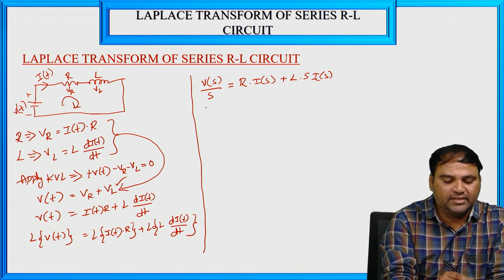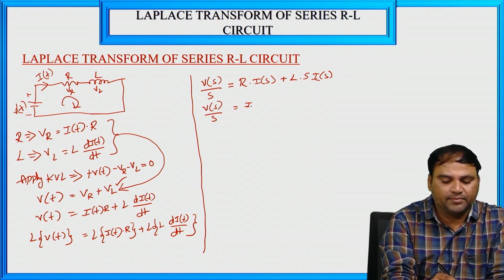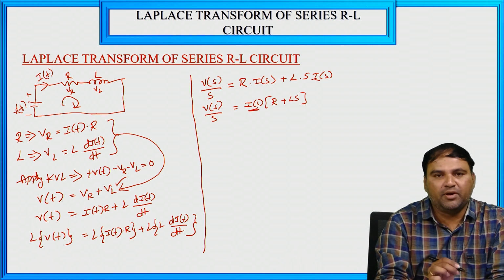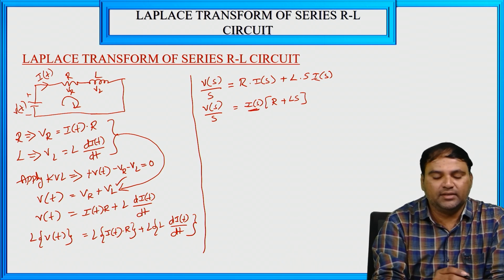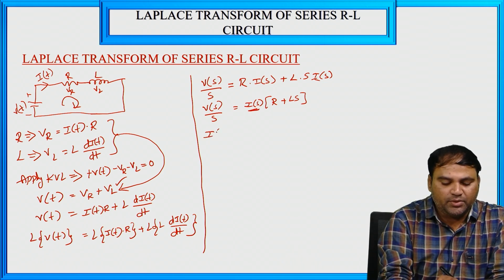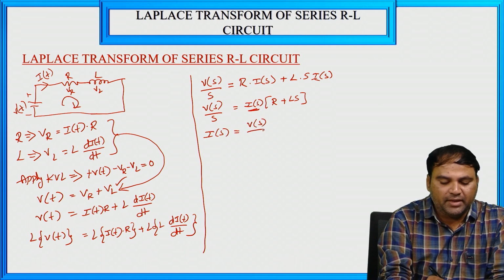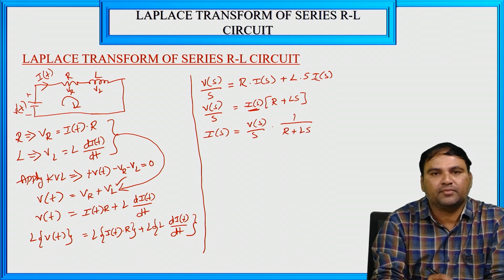Now in this equation, take I of s as a common term: I of s into R plus Ls. Now we find the current response in the S domain. I of S equal to V of S by S into 1 divided by R plus Ls.